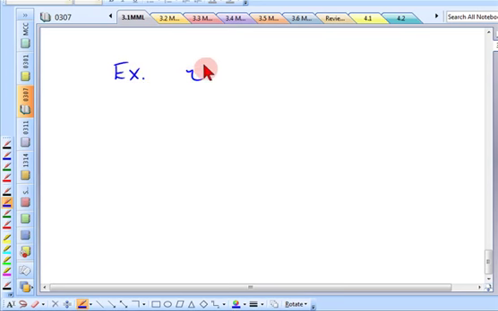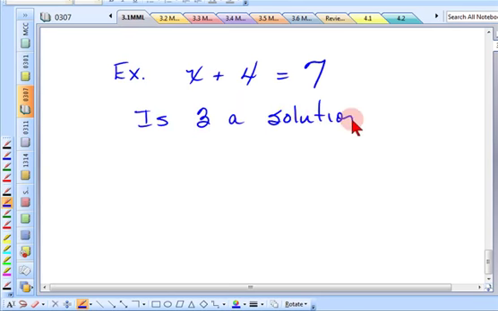Let's suppose I have x plus 4 is equal to 7. And I ask you a question. Is 3 a solution? And you answer immediately, yes, it is. Now, how did you know that? Because 3 plus 4 is 7.